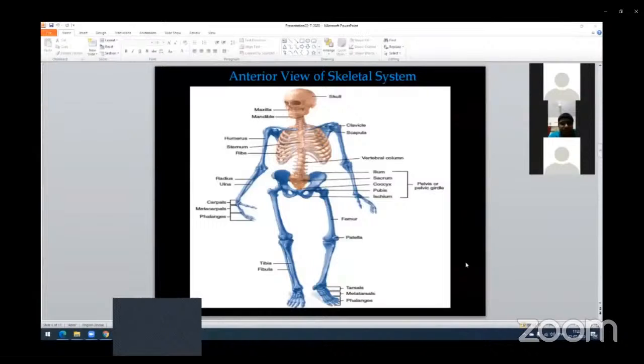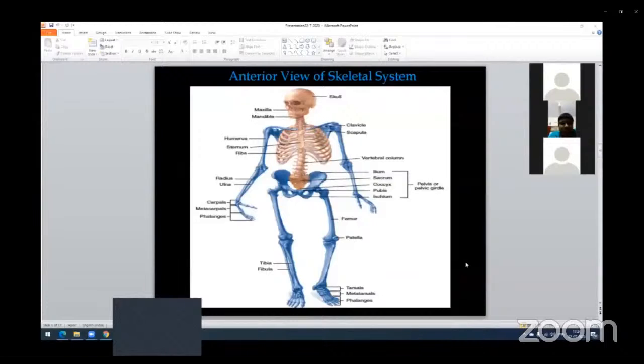The next bone is the ilium, that is your hip bone, the top blade of your hip bone. We can feel it by keeping your hand on your hip at the lateral side. Then you can see the sacrum, then the coccyx, then the pubis.